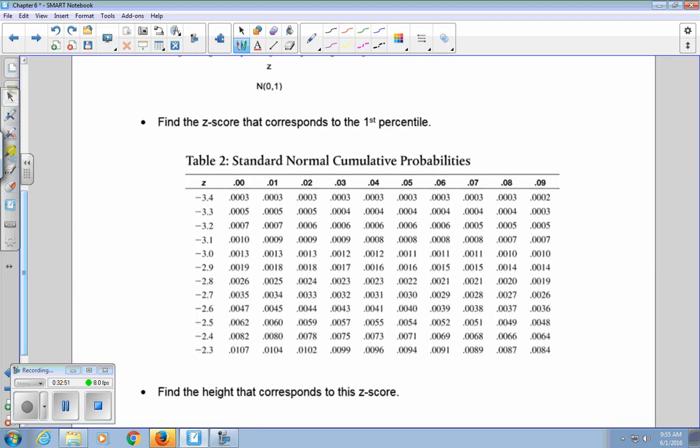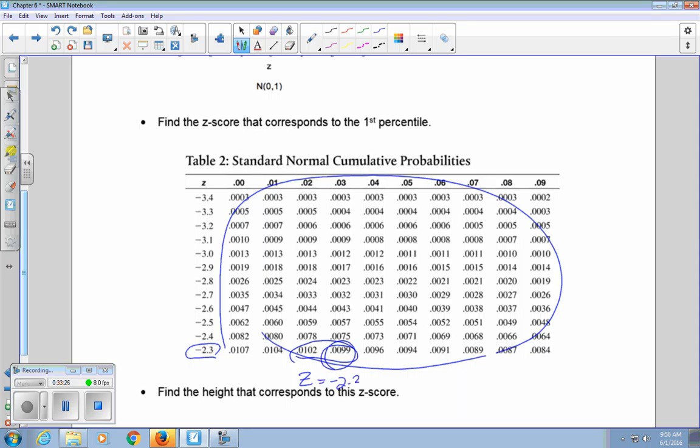So we are actually looking inside this part of the table, in the probabilities for 0.01. So 0.01 is down here. It's really close to one of these two things. So you pick the one that it's the closest to. So let's go with 0.0099. And that corresponds, reading the table backwards, to a z-value of negative 2.33.